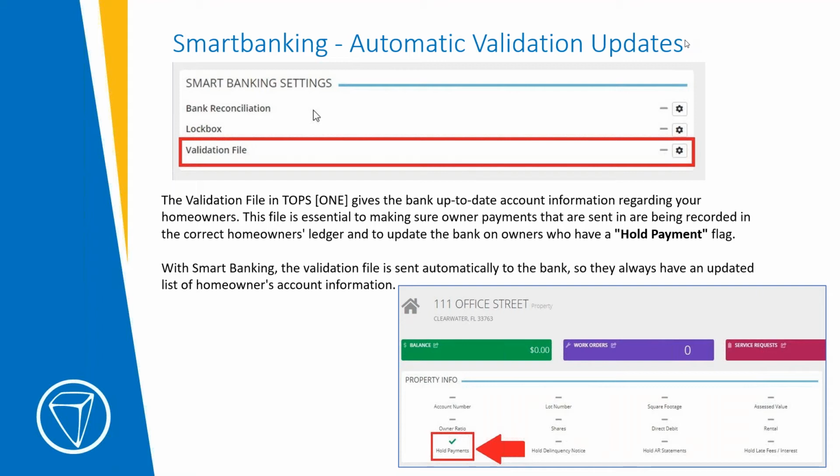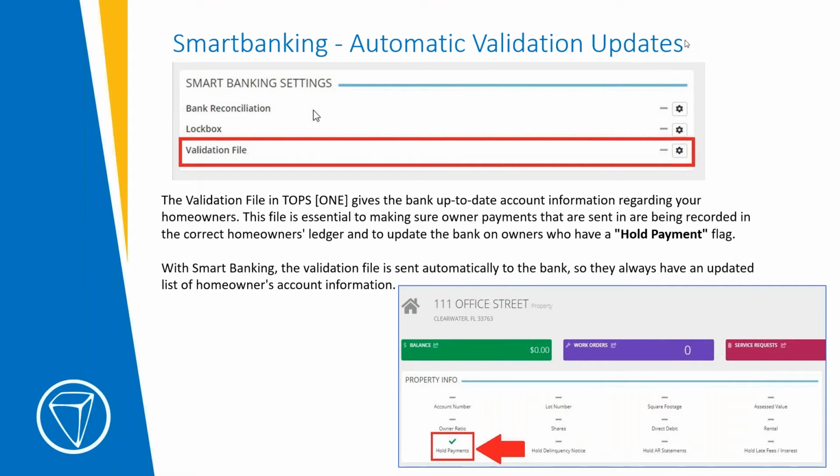So the validation file in TOPS gives the bank up-to-date information regarding your homeowners. This file is essential to making sure your owner payments that are sent in are being recorded in the correct homeowner's ledger. For example, if you have a resale, it will tell the bank if there was a resale so it doesn't pay the wrong one. And it will also update the bank on owners that have a hold payment flag.